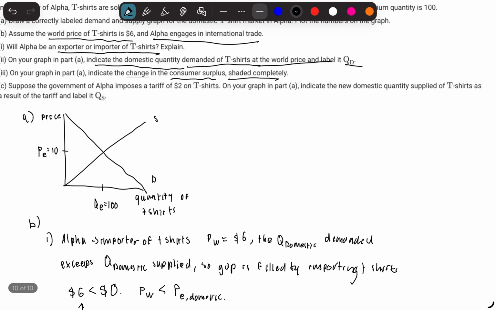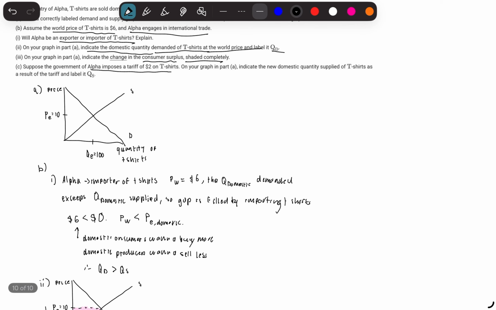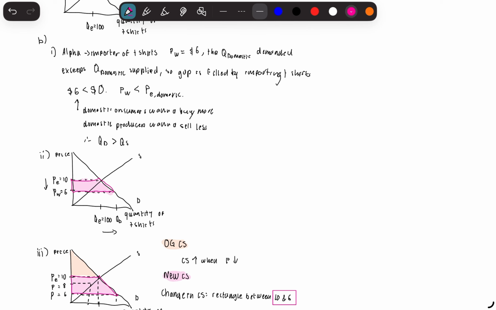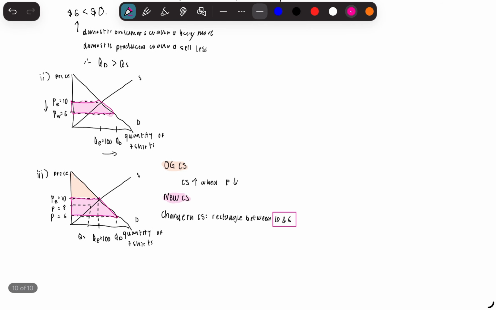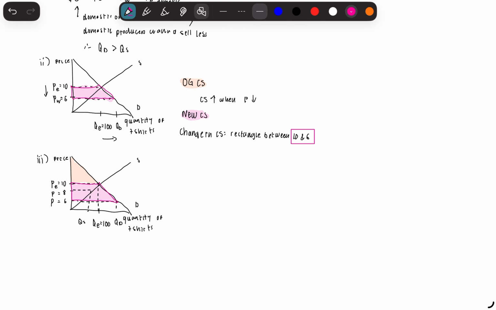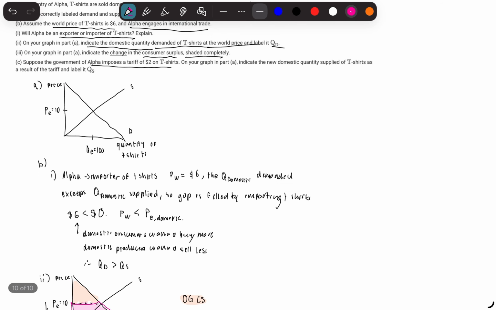Suppose the government of Alpha imposes a tariff of $2 on t-shirts. That was this graph here. On your graph, indicate the new domestic quantity supplied as the result of the tariff, and that's QS.